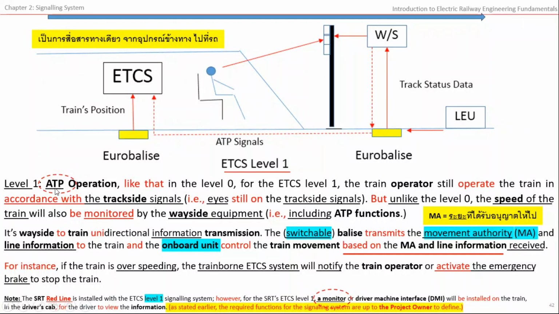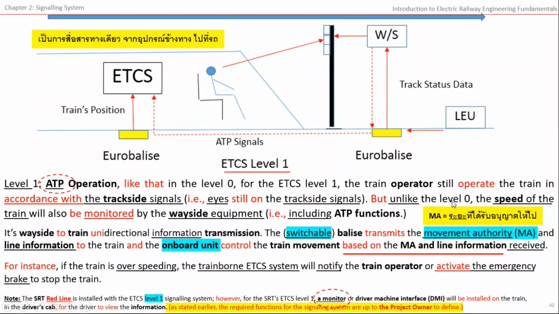So for level 1 ATP operation, like in level 0, the train operator still operates the train in accordance with the trackside signals, meaning the operator still has to look at the trackside signals.